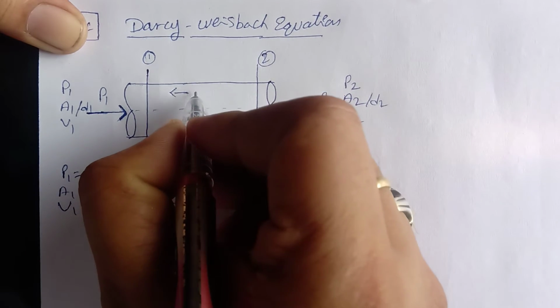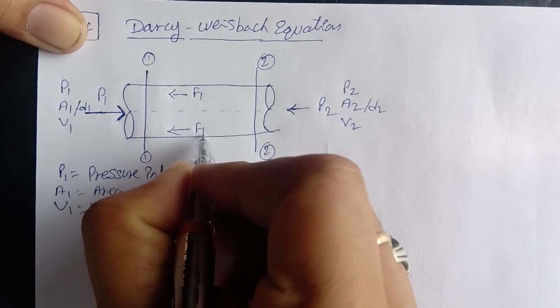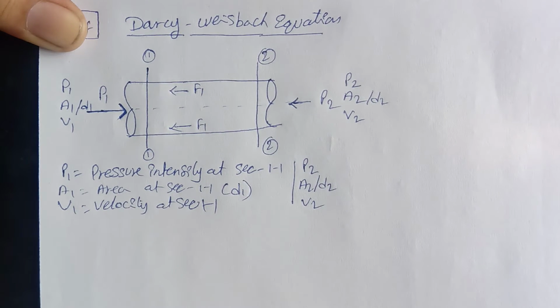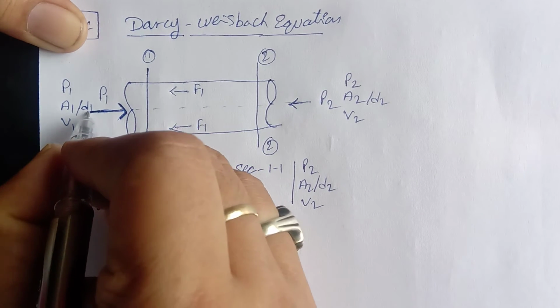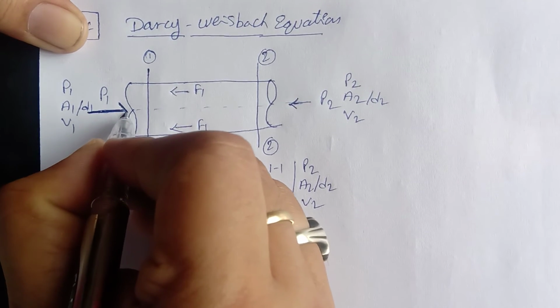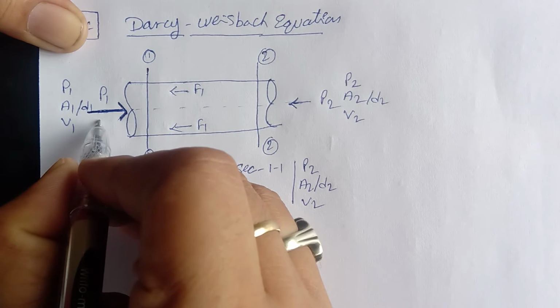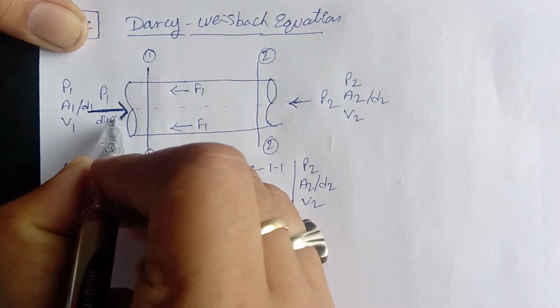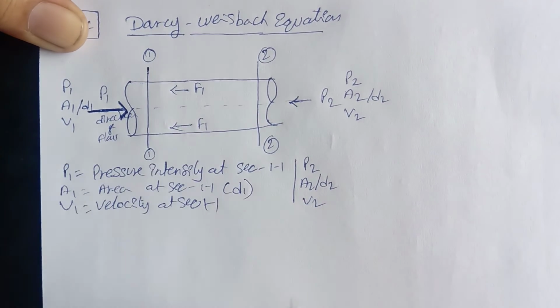Let us name it F1. Remember this one, because if you get confused here, you cannot derive it. This is my direction of flow.